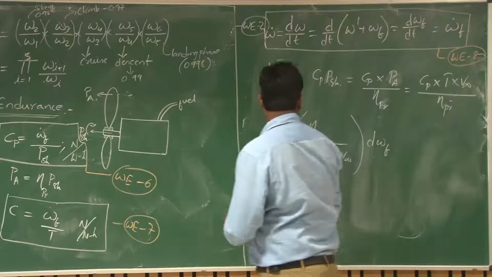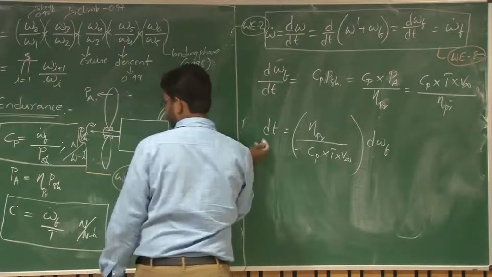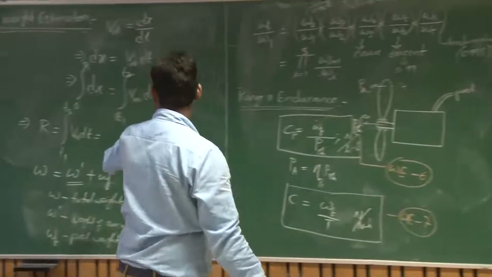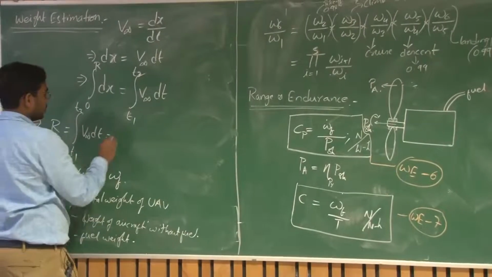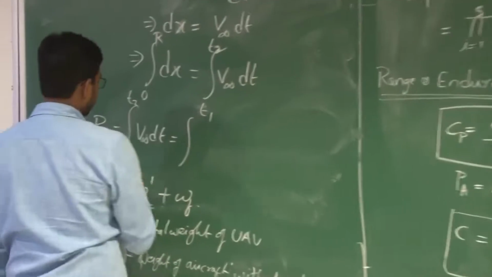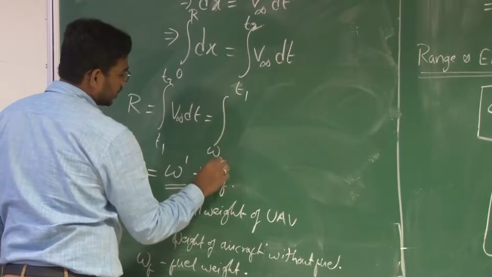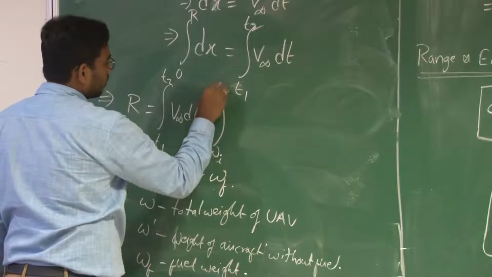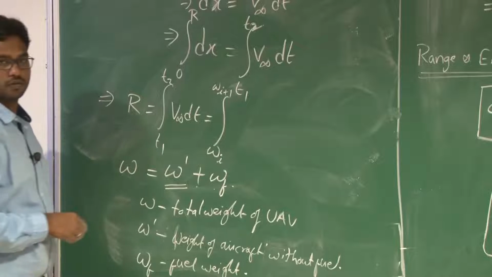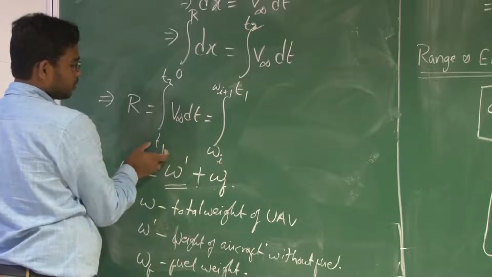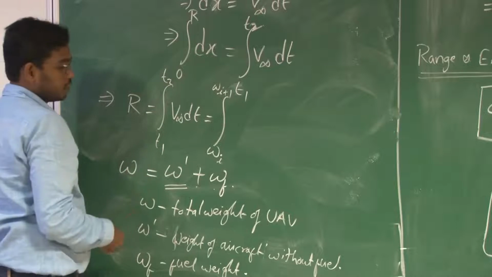Okay. So now let us substitute this dt in the range equation. From t1 to t2, what you have is W at t1, say Wi, and Wi plus 1 at t2. So this is at the start of this mission, which is t1, and the end of this particular segment of the mission.